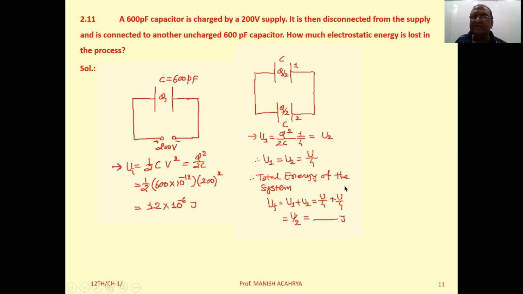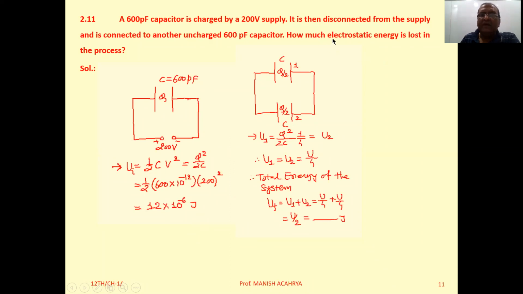So the total energy of the system, that is U final, that is U1 plus U2, that is U by 4 plus U by 4. So that is U by 2. U, that is 12 into 10 raised to minus 6 joule. So your answer will be here 6 into 10 raised to minus 6 joule.